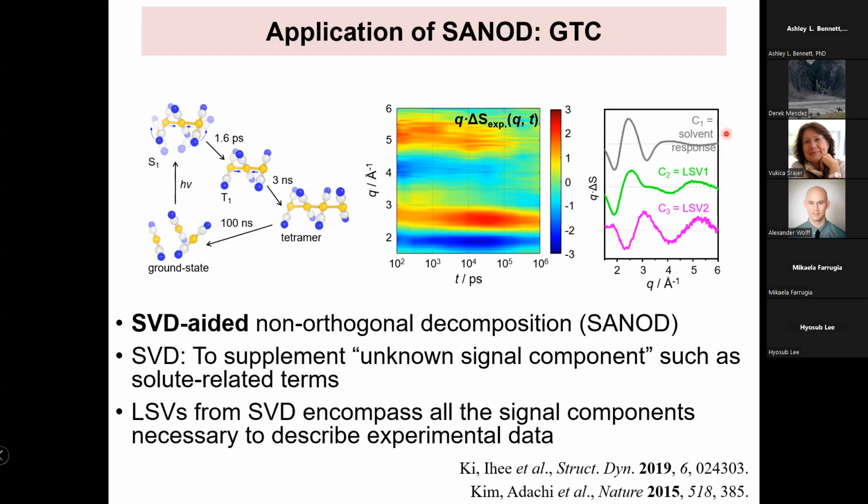By describing the experimental data as a linear combination of these three different components, we can describe the temporal behavior of these two signal components corresponding to the solute terms.